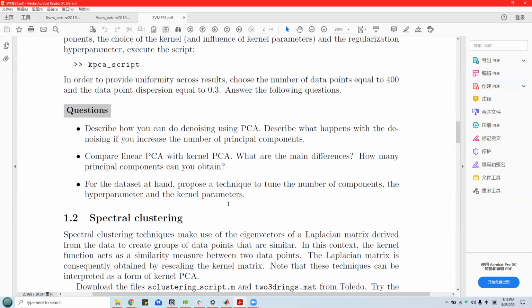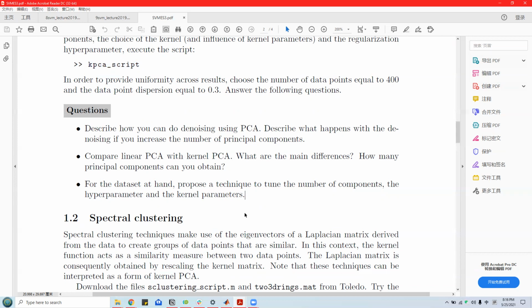and then you use auto parameter tuning or grid search to find the hyperparameters and the kernel parameters.